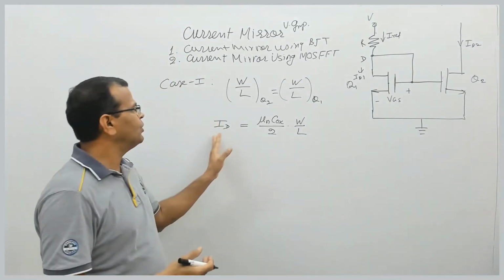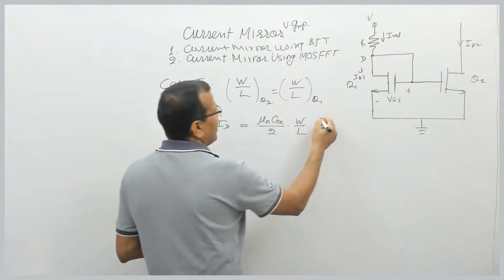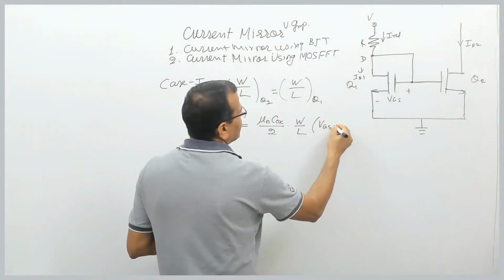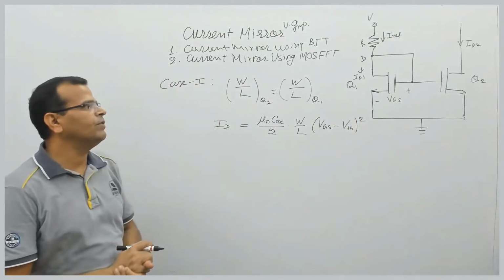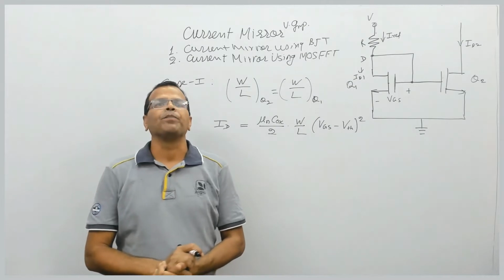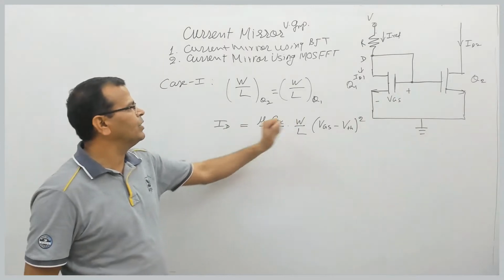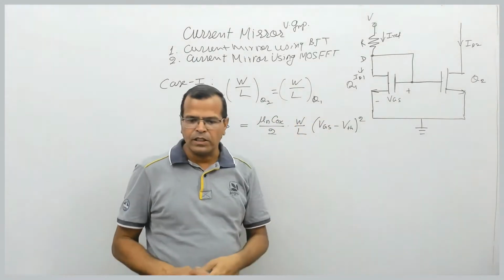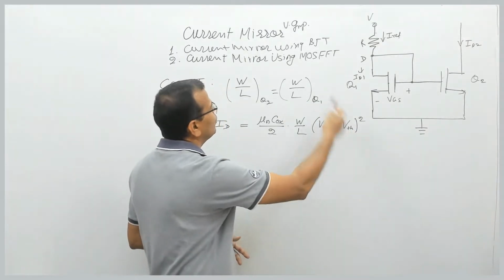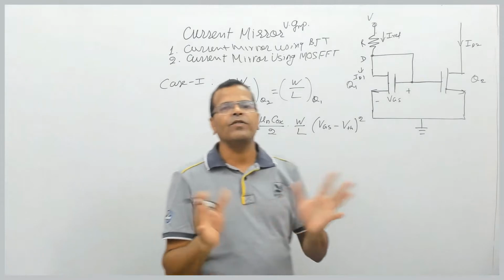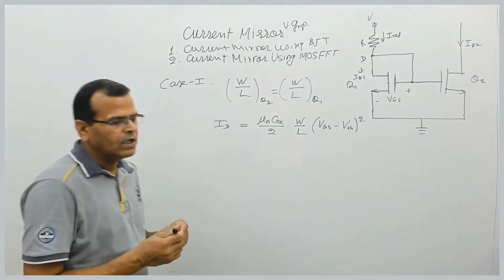So in saturation region, the drain current is given by mu n C naught x by 2 W by L into (VGS minus V threshold) whole square. This is the expression of drain current. Fine. So here the drain current, since W by L ratio is same, and we are assuming both transistors are matched transistors, this will be same. The threshold voltage will be same. So drain current of transistor Q1 will be same as the drain current of transistor Q2.